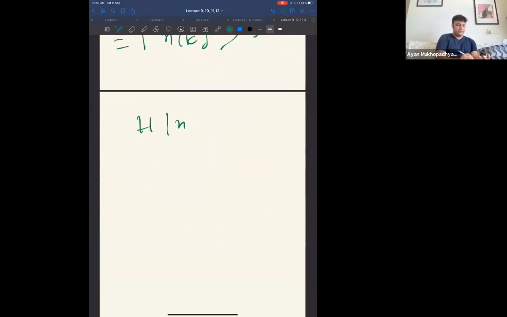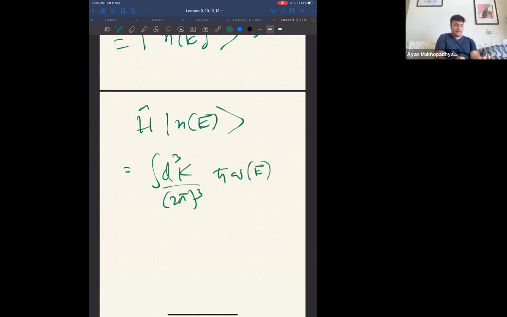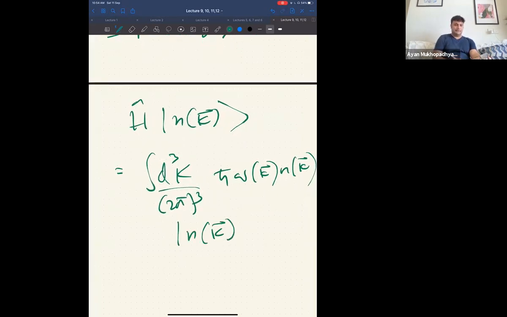H on |n_k> would be simply the integral d^3k/(2π)^3 ħω_k n_k times |n_k>. Is it obvious why? It's a simple generalization of the computation that we've done.